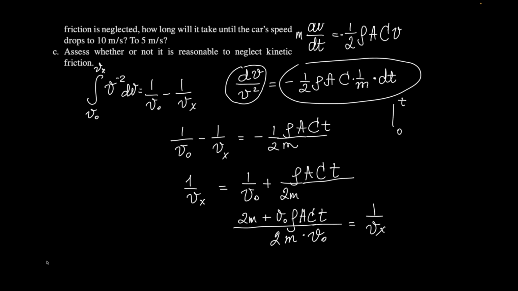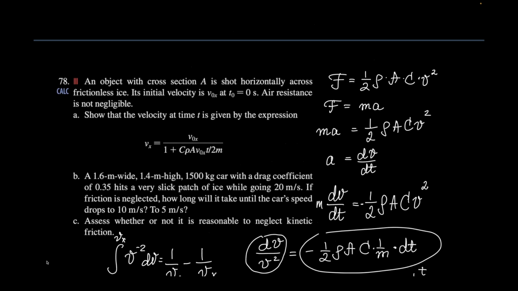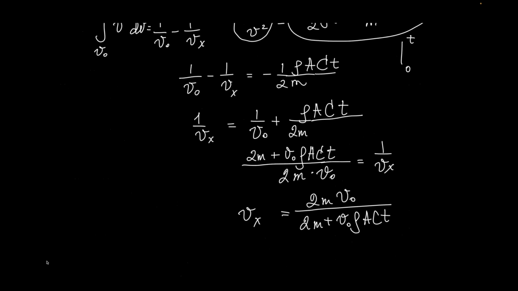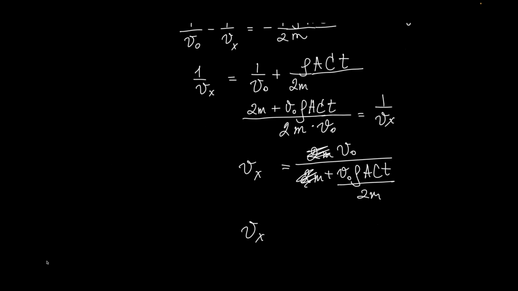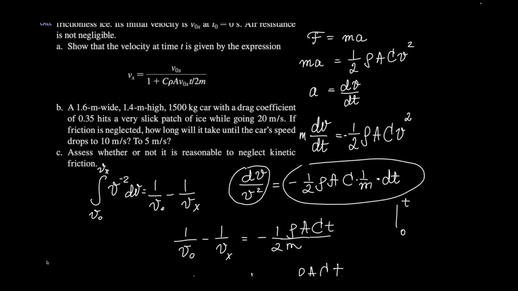When you flip it, vx is going to be 2m v0 over 2m plus v0 rho A C t. And see what they did in their original formula: they just took the 2m out, and that's how they end up with vx equals v0 over 1 plus v0 rho A C t over 2m. That's how they wrote it. We're done with A. We proved it! Everything is there.